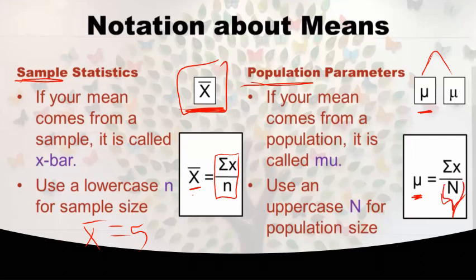This is population size. It's really the same thing as it would be in the other formula, the one for a sample; it pretty much means the exact same thing. The only difference is you are using this type of notation for population parameters, and that is why, when we are using it for this, we're going to use a capital N.